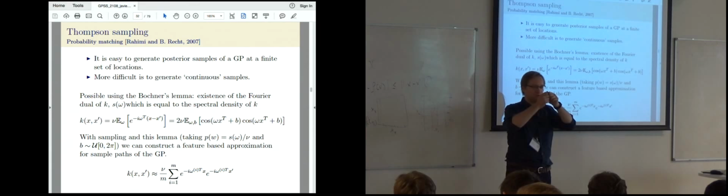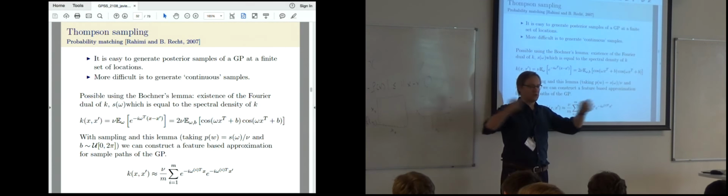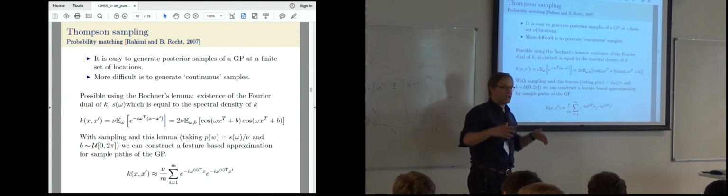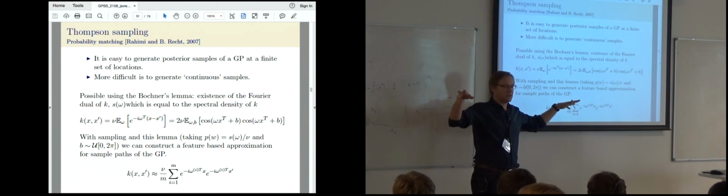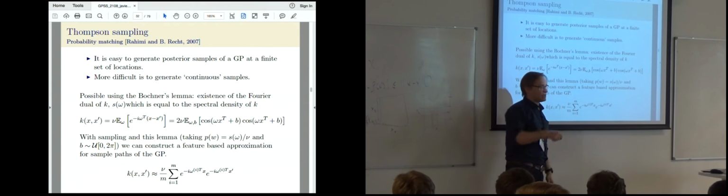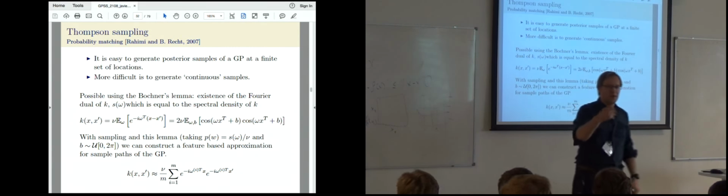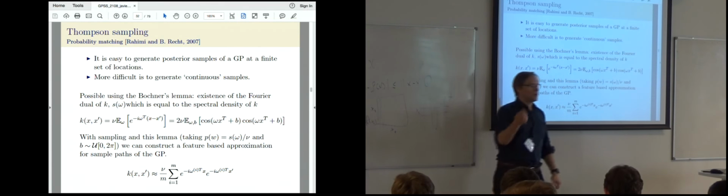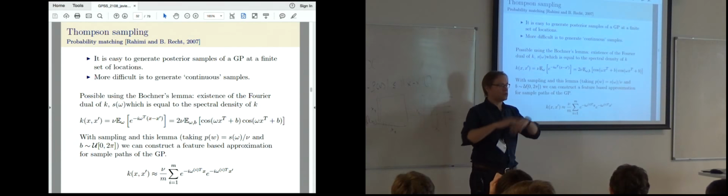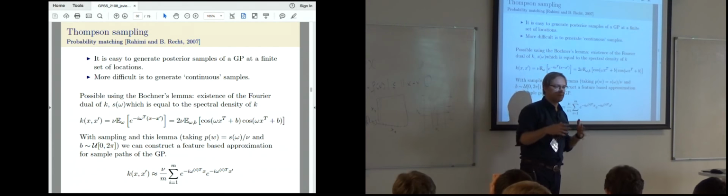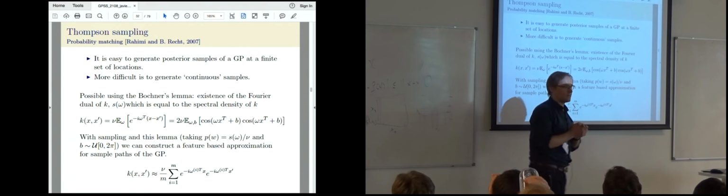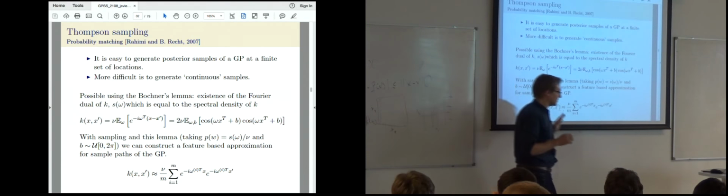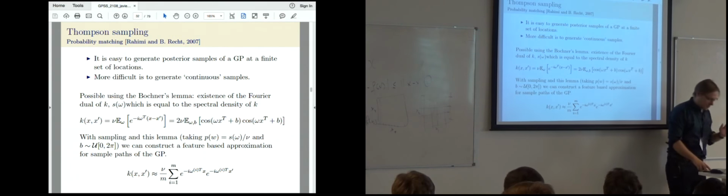So you are going to draw a few of those, draw from the coefficients, generate a continuous but approximate sample, and optimize that one. And if you have a large enough basis of functions, the approximation is going to be good enough that will allow you to do the optimization using what is called continuous Thompson sampling, or probability matching, right? Okay? So that's another way of doing it.